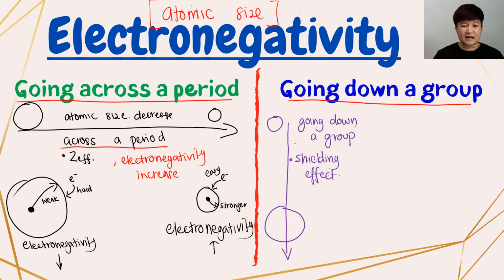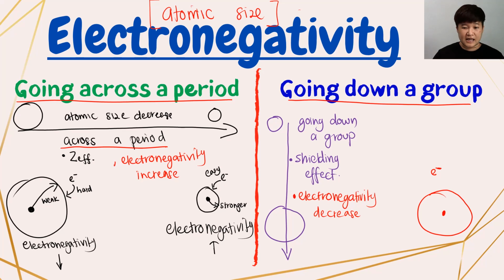And how does this increasing atomic size affect the electronegativity? So when you go down a group, the size gets bigger. Therefore, the electronegativity will become lower. It will decrease. Why will it decrease? Like we have just mentioned across a period, when the size is bigger at the end of the group, it's very hard for the negative electron to go into the shell.